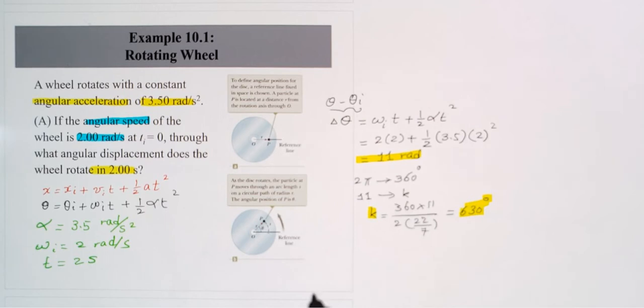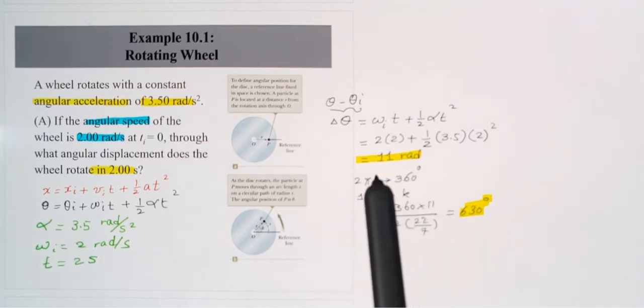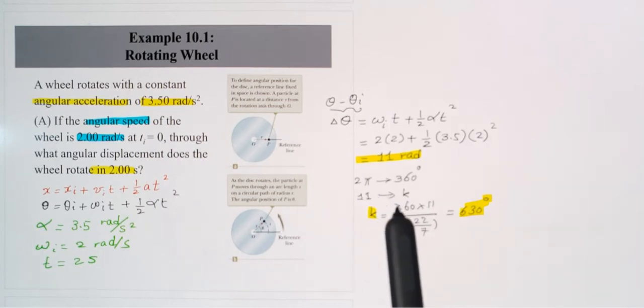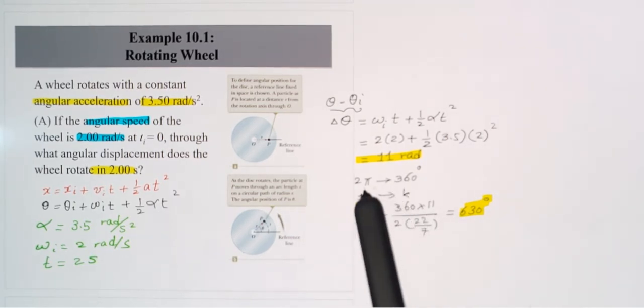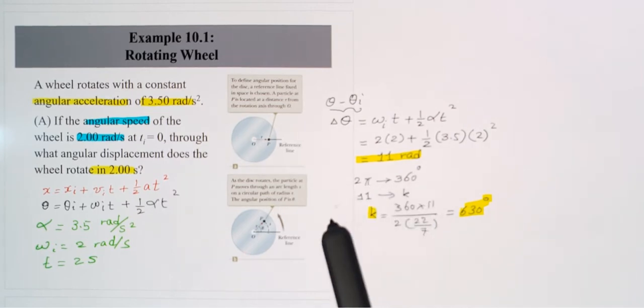It is just a very simple relation. I used math from grade 9 or grade 10 or maybe even grade 6. 2 pi is 360, 11 pi is whatever.